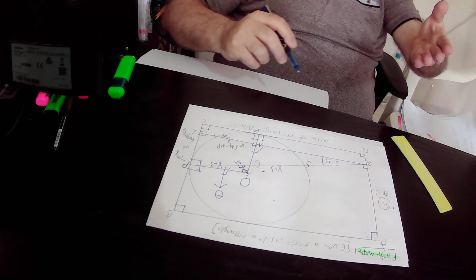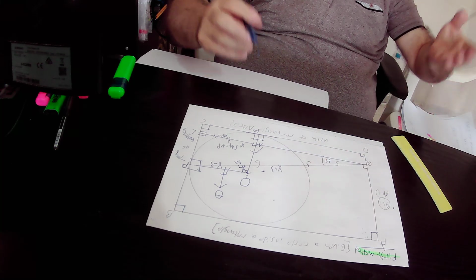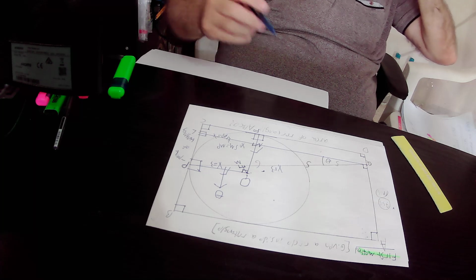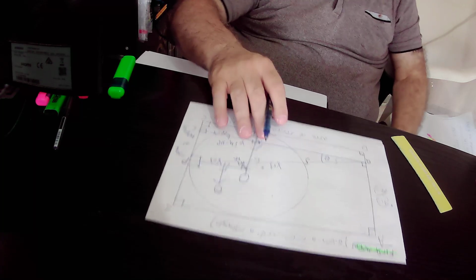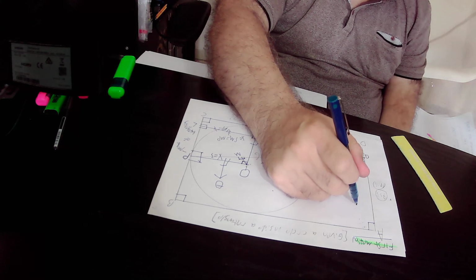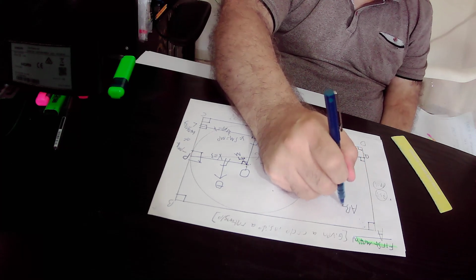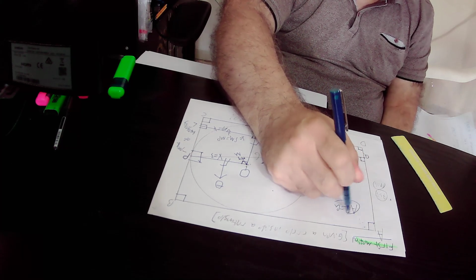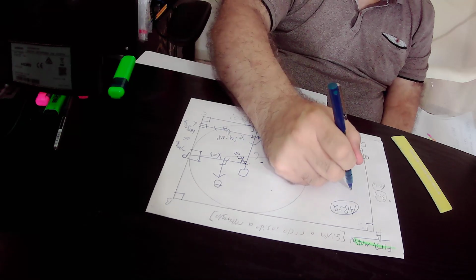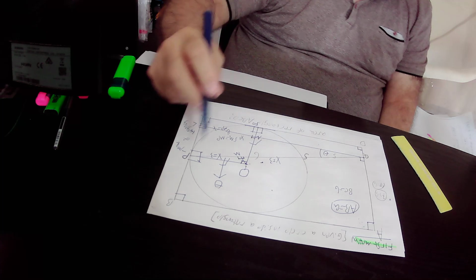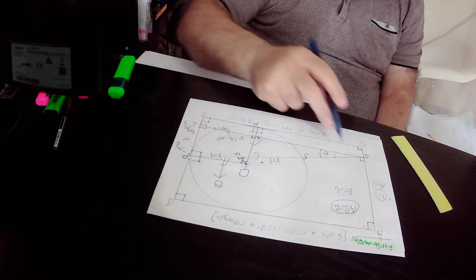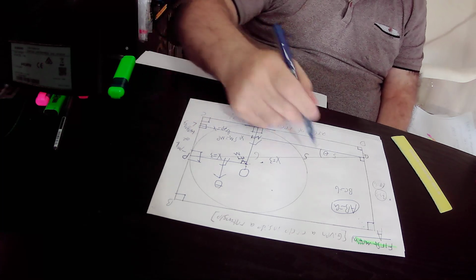So quadrilateral ABQL is a rectangle, and we know that the opposite sides of a rectangle are equal to each other. We define side AB as A, we define side BC as B. BC is equal to B, it is also the diameter of the circle.